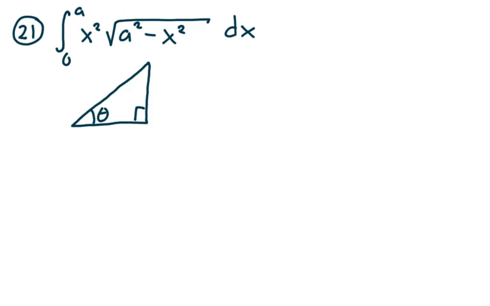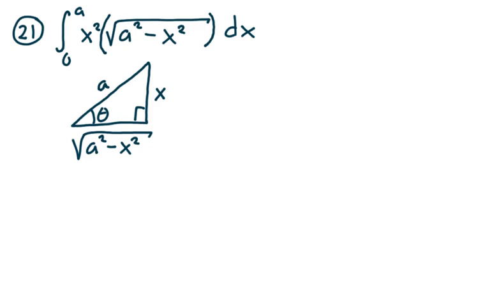What this piece of the integrand tells me is that my hypotenuse is going to be a. The side opposite angle theta is x. And by the Pythagorean theorem, and again, it's not a coincidence, we get the square root of a squared minus x squared. That's how we label our triangle.